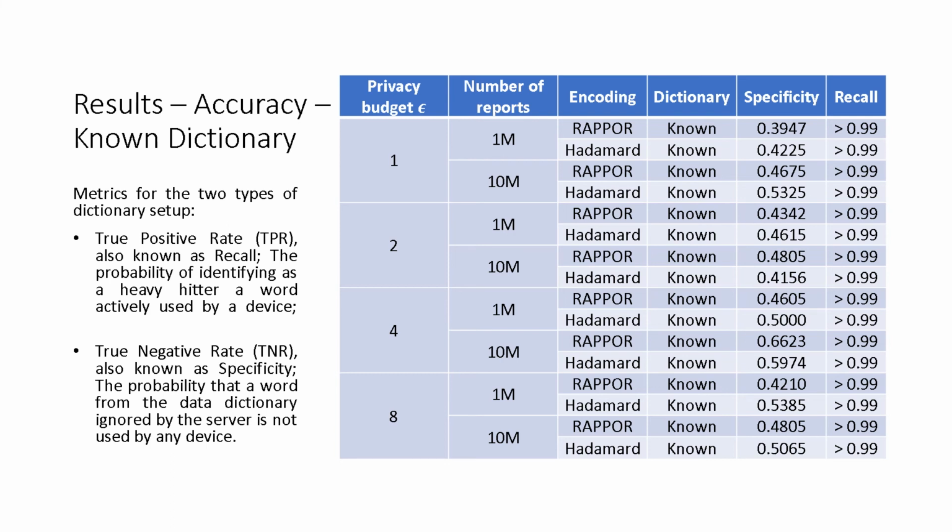It varied a lot between 39% for Rapport with a very tight privacy budget and small number of reports to over 66% with Rapport and a privacy budget of 4 and 10 million reports.